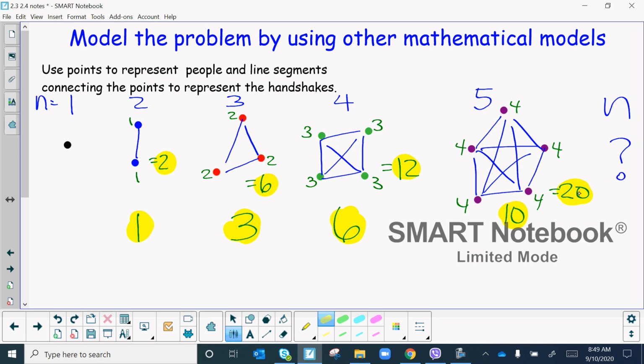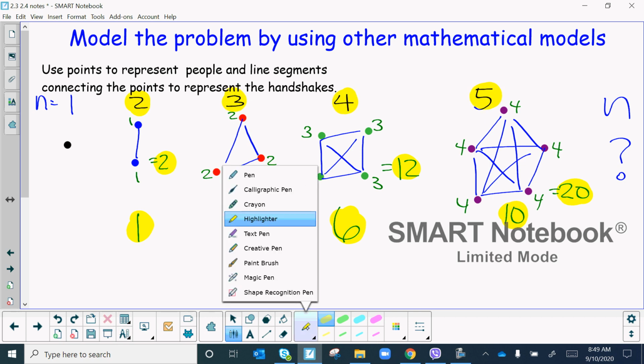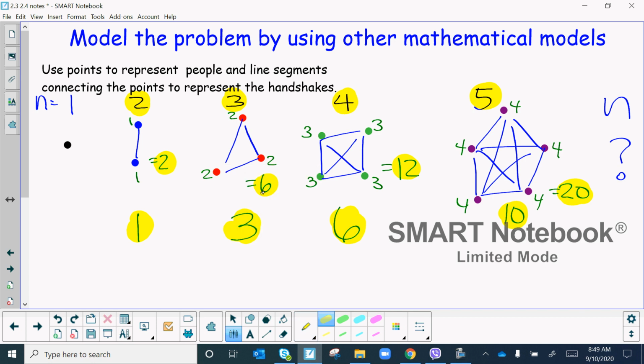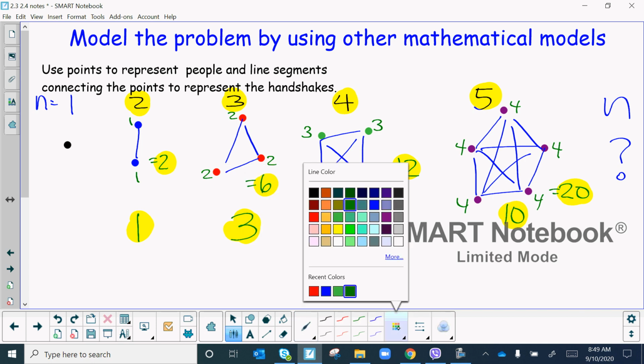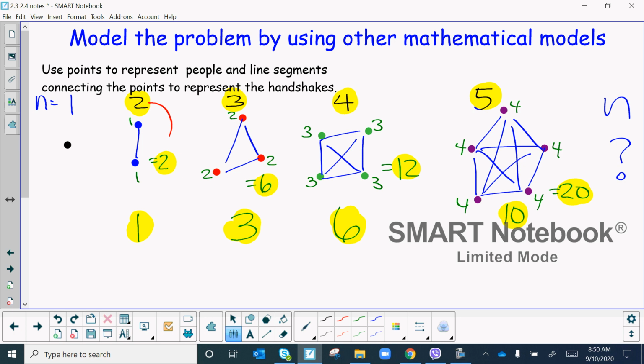So now you have to compare these numbers to the value of n, because that's what's going to be applied into the rule. How is n related to that number? By the way, there were 0 handshakes here.